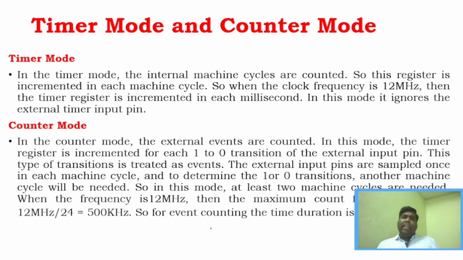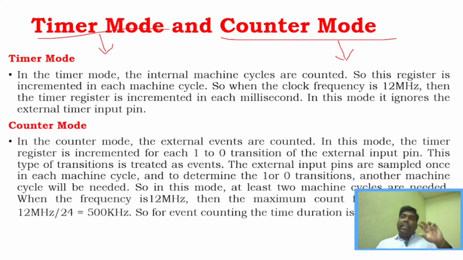So now you understand what a timer is and what the different modes it works in are. As I said, it works in 2 modes: timer mode and counter mode. When the clock cycle is internal, it works in timer mode. And whenever it uses the external clock cycle, it works in counter mode.